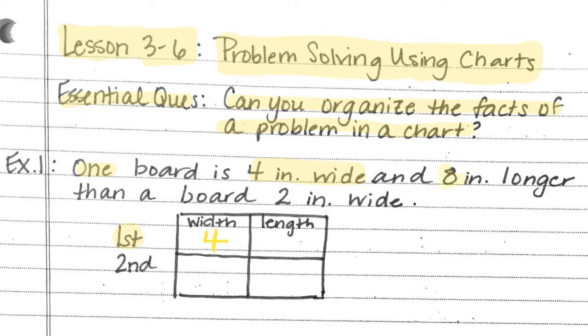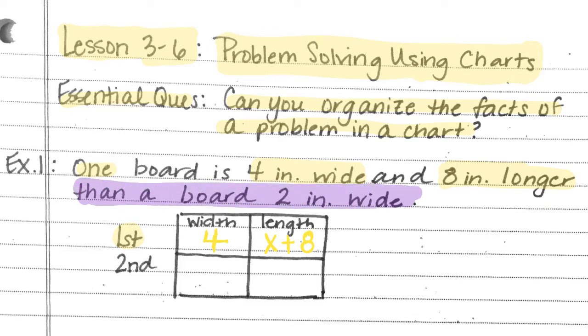And 8 inches longer than another board. So I'm going to call that x plus 8, knowing that the x has to be another board. But what do we know about the other board? The other board is 2 inches wide.